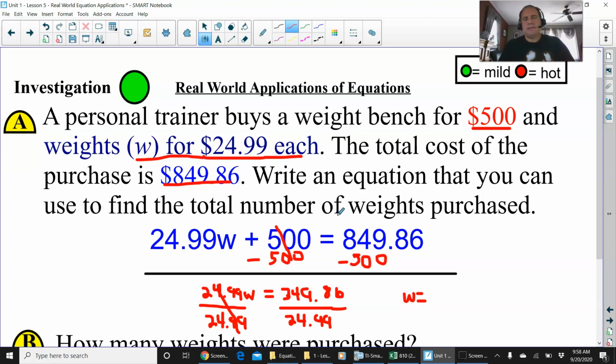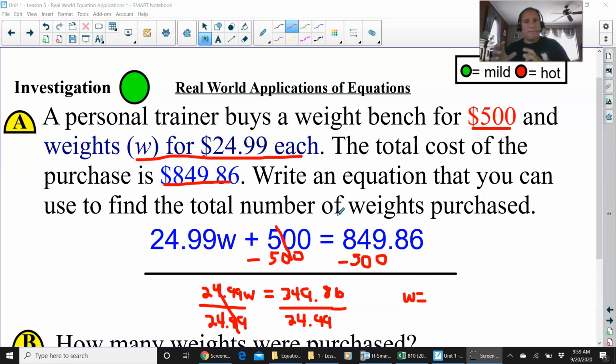And the question is, write an equation that you can use to find the total number of weights purchased if they spent $849.86 and they spent $500 on a weight bench. So $24.99 W, that's your algebraic expression that you would use to say $24.99 each weight.